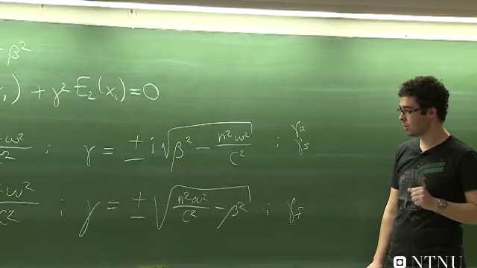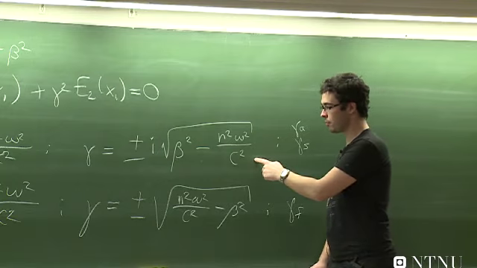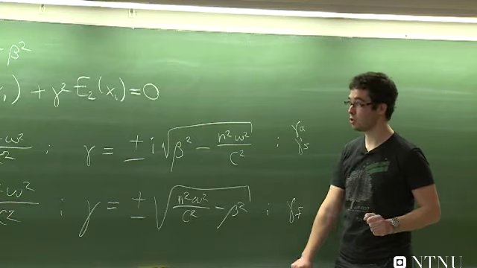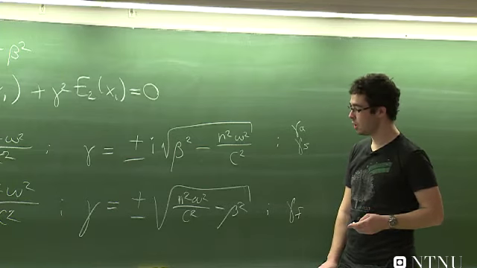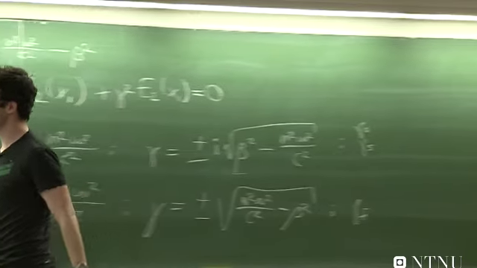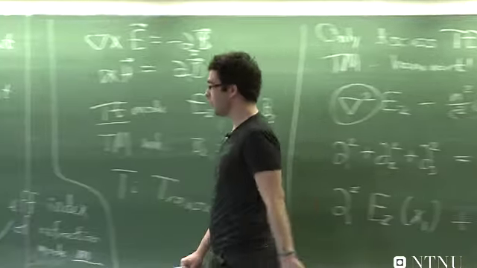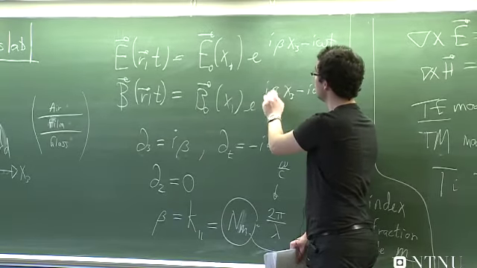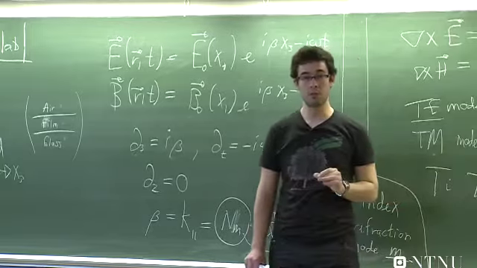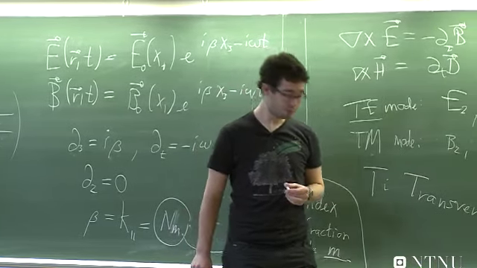Well, the question was if this isn't propagating or sine-shaped solutions, and this should be exponential solutions. But if you notice here, this is this beta. If you look at the definition of beta, so to speak here, this is beta. That's the wave number in the propagation direction, right? So that's k parallel from our previous discussion.